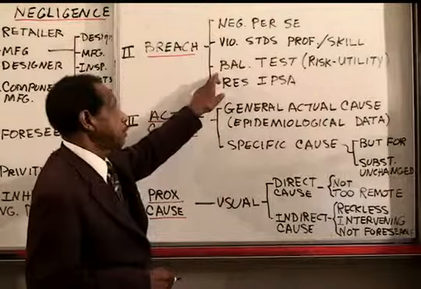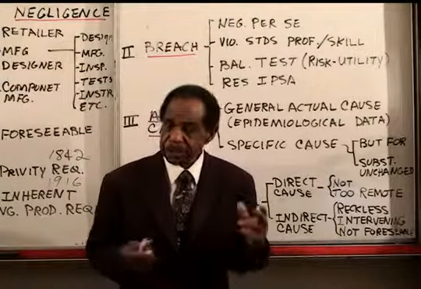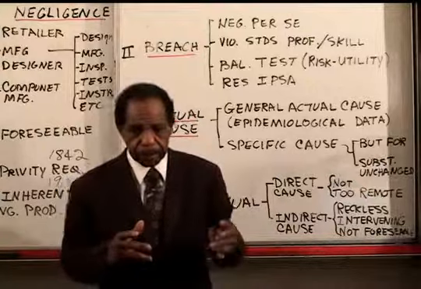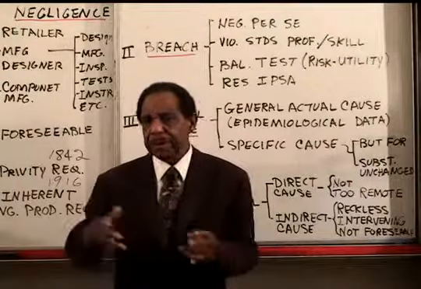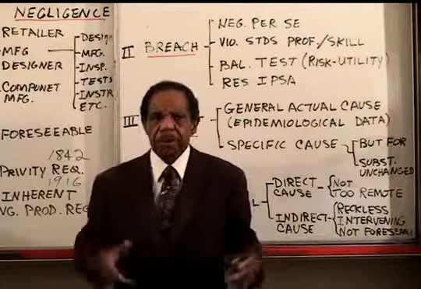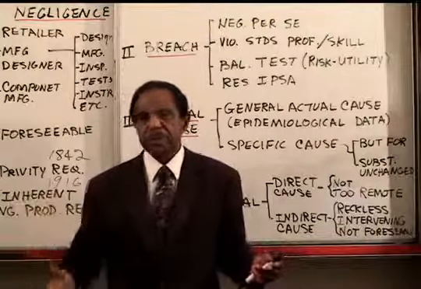Now, in the case of this balancing test, things like allergies, one of the interesting things about allergies is that if a person is allergic to something, you don't normally have to warn them every time that a few people are allergic to this.